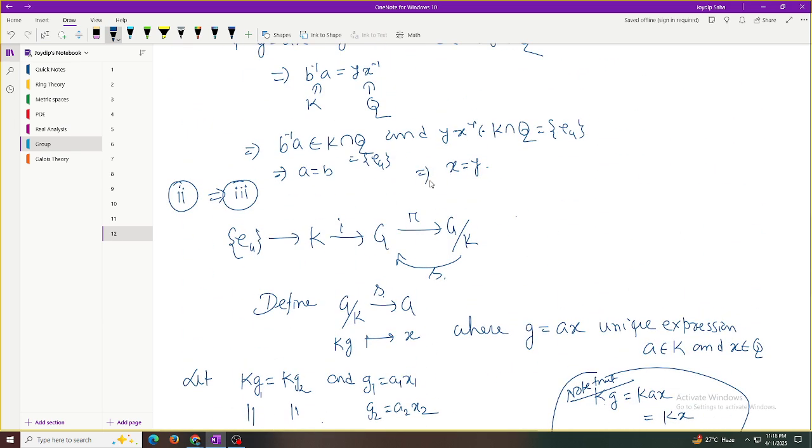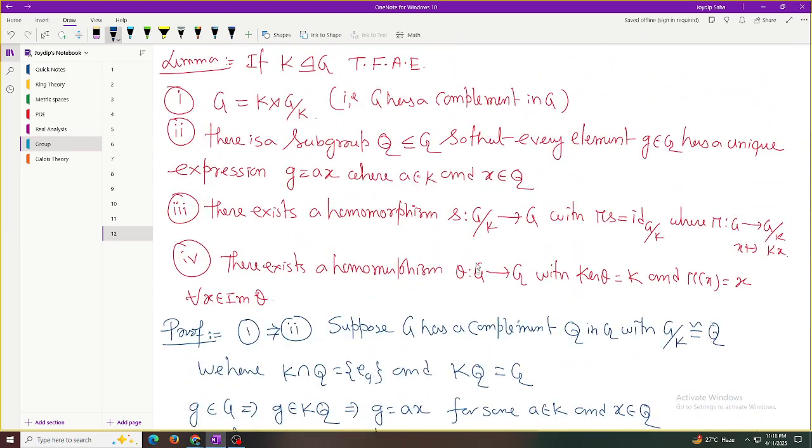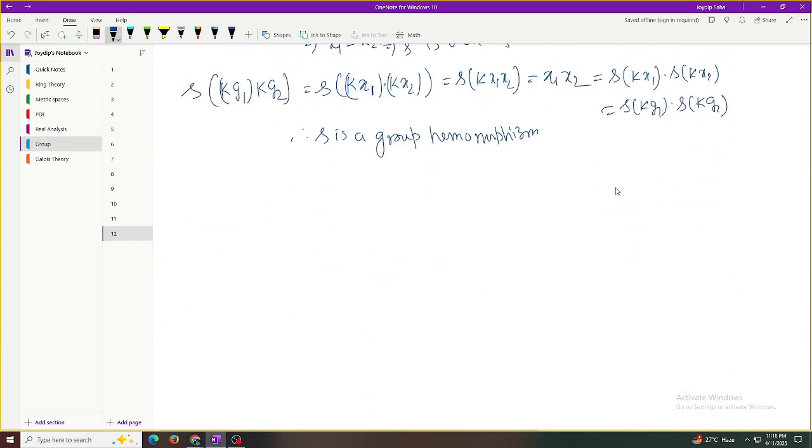Next, you have to show that pi compose S is the identity. Pi S Kg1 is pi S Kx1, equals pi x1, equals Kx1, equals Kg1. So it is the identity.